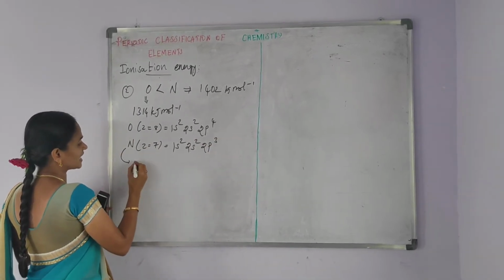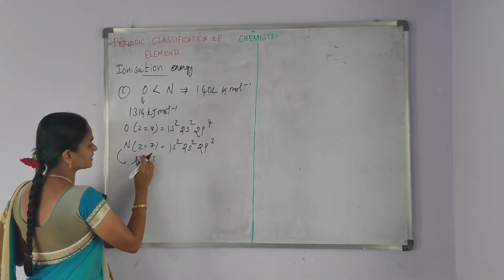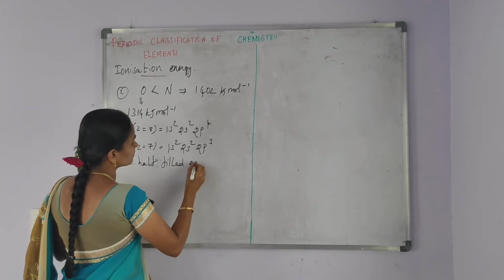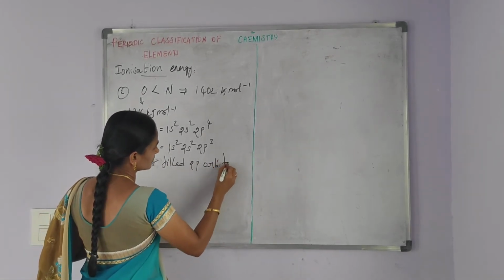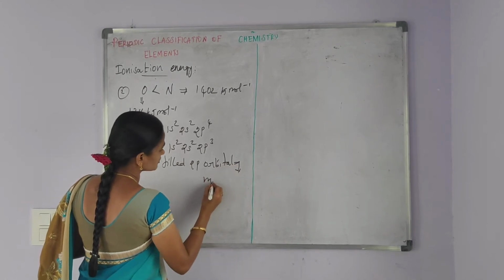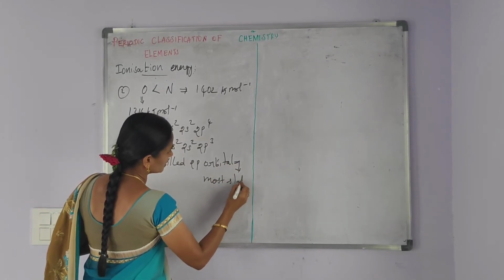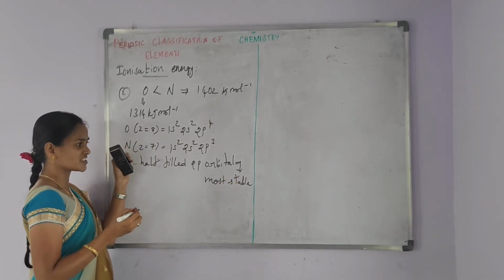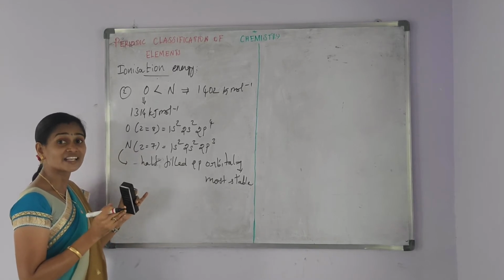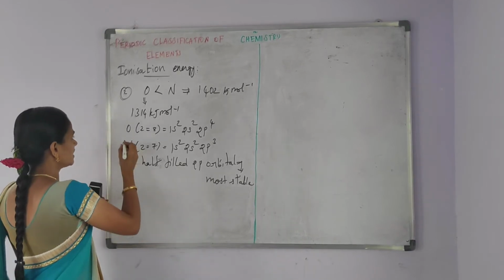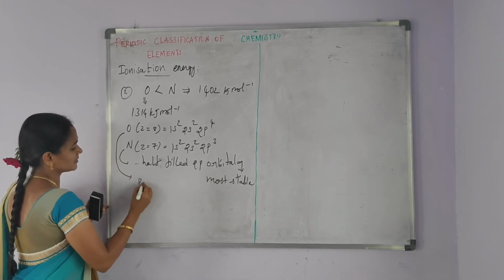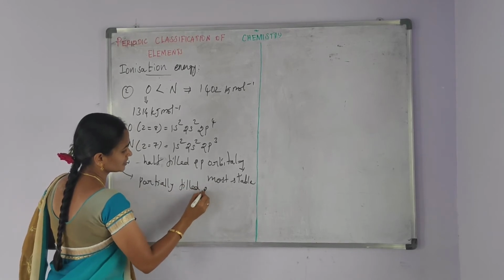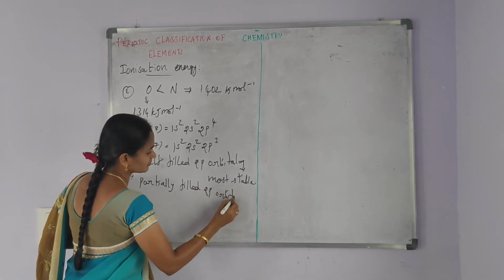Comparing with oxygen, nitrogen possesses the half-filled 2p orbital, which is the most stable one. So, removal of the electron is not easy. Comparing with oxygen, nitrogen possesses the higher ionization energy, and oxygen possesses the partially filled 2p orbital.